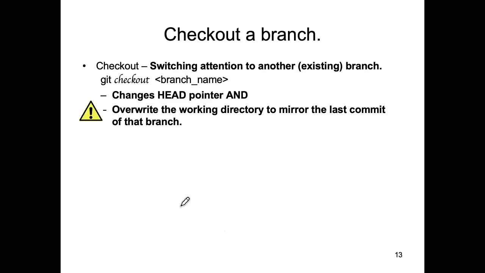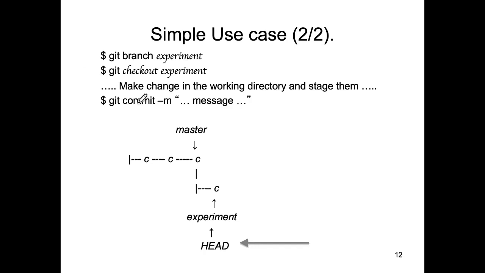So this checkout command is how you switch from one branch to another. What happens when you submit this git checkout command? It changes head, as I've already said. Now, what it also does is overwrite. Sorry, let's go back.